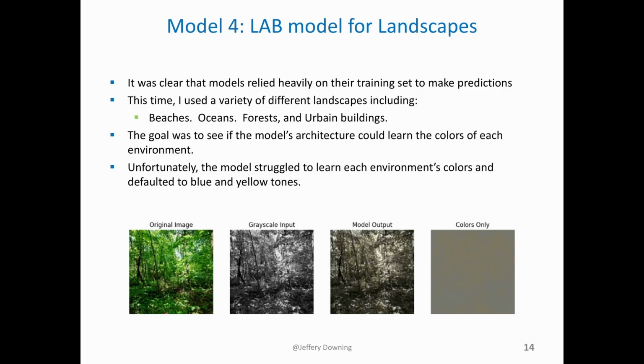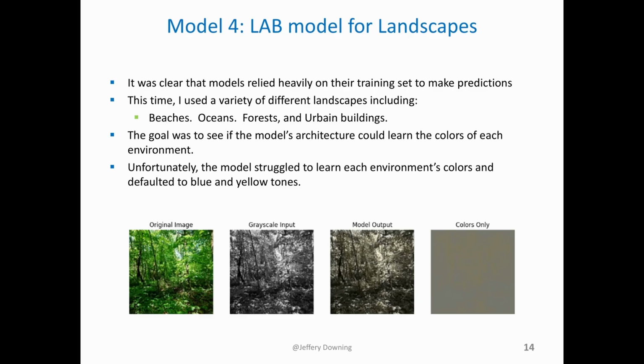So it was clear to me that these models rely heavily on their training set in order to make predictions. So this time I decided to try a different data set. I looked online and found a data set on Kaggle for landscapes. And so this included things like beaches, oceans, forests, as well as urban buildings.